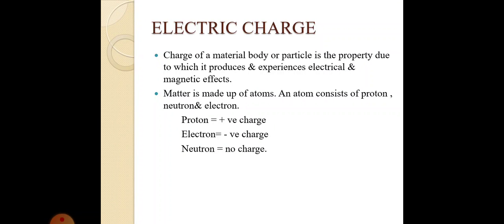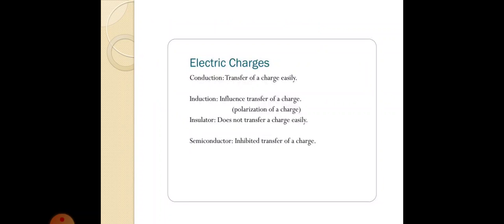The concept of charge is given on the basis of electrons only. There are four types of electric charge behaviour: conduction, induction, insulator and semiconductor. In conduction, charge is easily transferred.